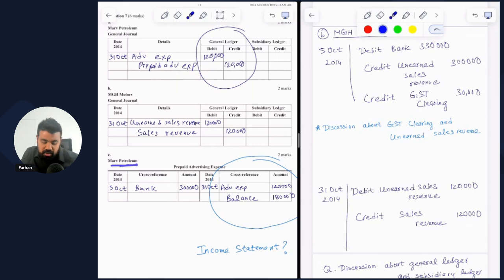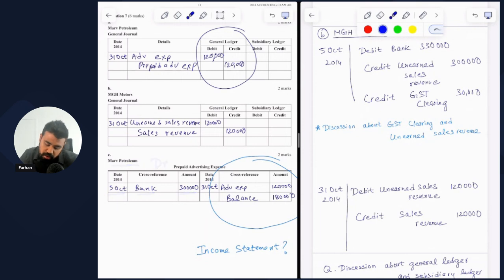Be careful that this is being done from the perspective of Marv Petroleum. So from the perspective of Marv Petroleum, in their prepaid advertising expense account, they're going to record the payment made for prepaid advertising on the 5th of October, and that is $300,000, right? And the reason this is on the debit side is because this simply means that the asset was going up on the 5th of October.